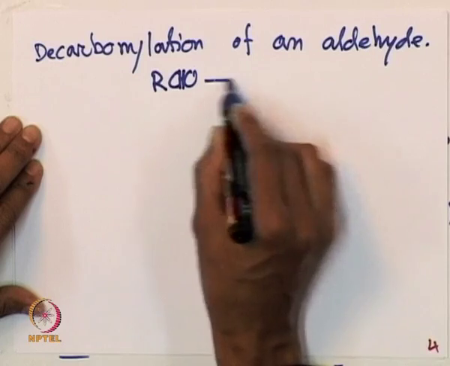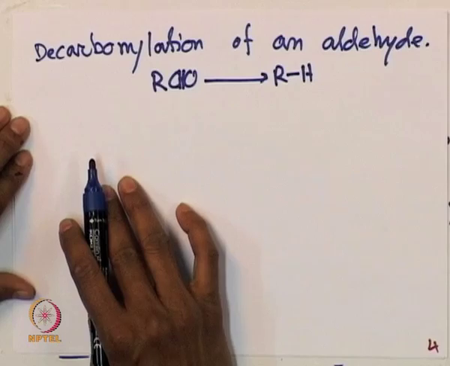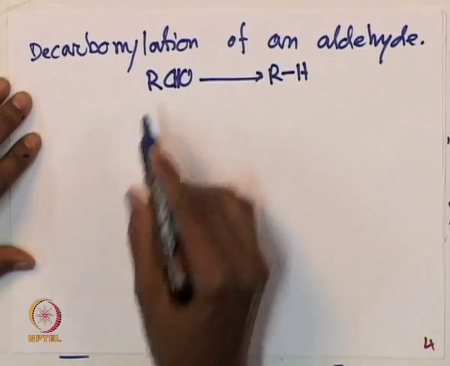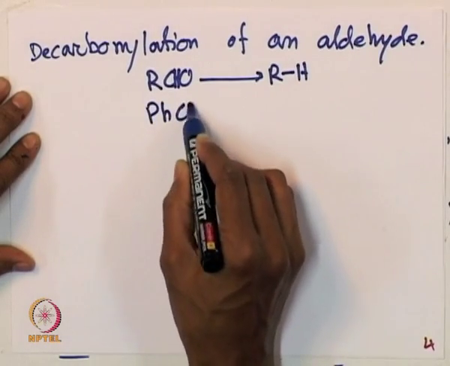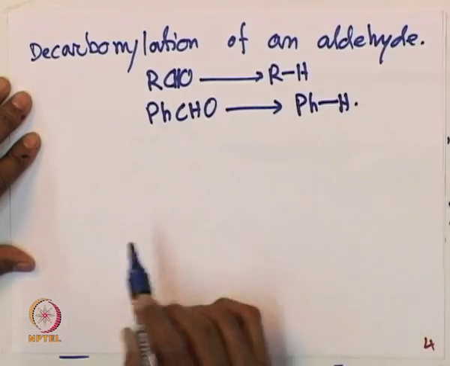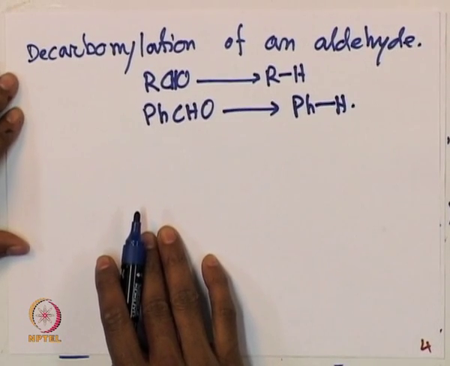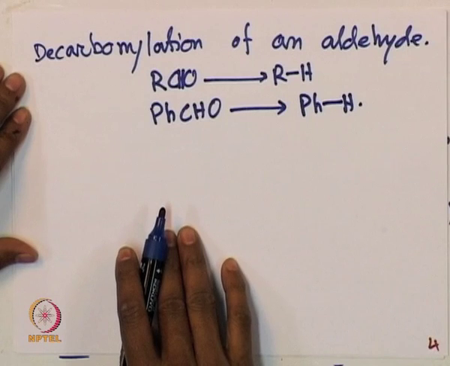RCHO to RH, right. So, the CO is going out. Now, the most common one could be benzaldehyde to benzene, right. As you may have known, this is a reaction which has been done by using the Wilkinson complex.